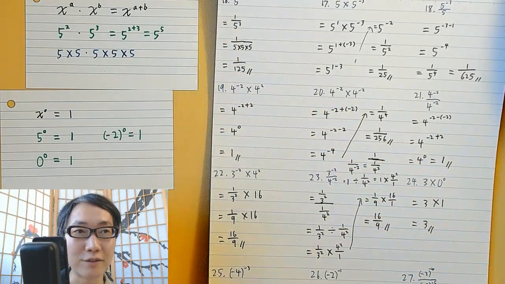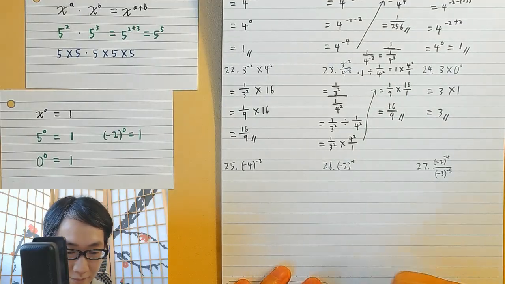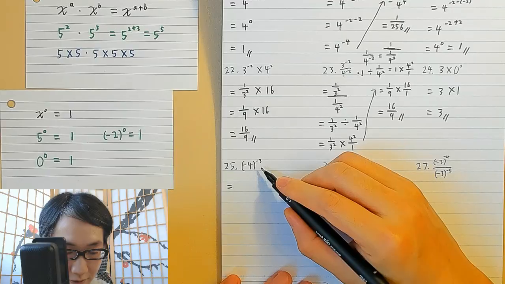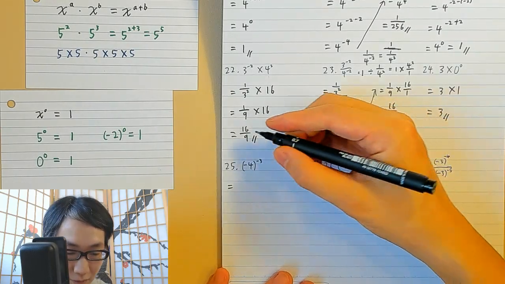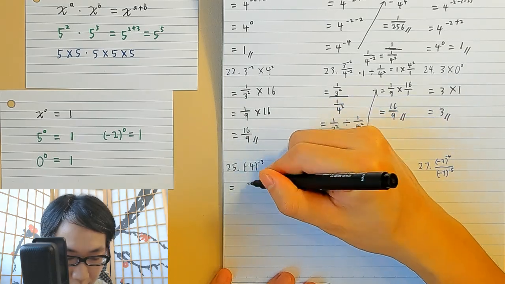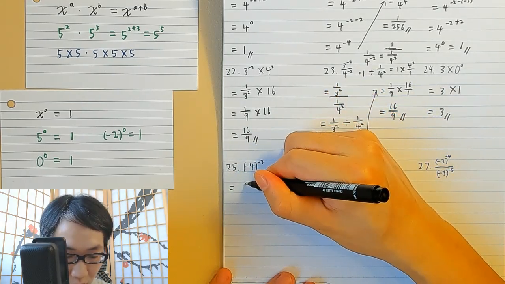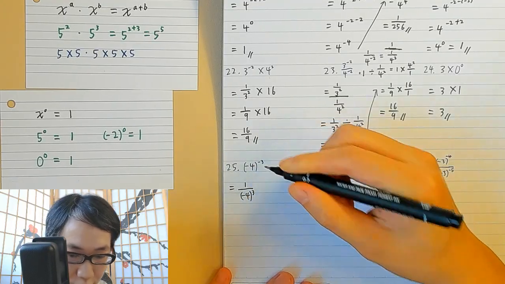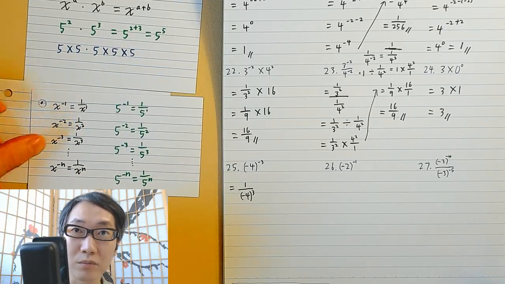And 25. Okay. So there's -4 to the power of -3. Then for this one, we solve the indices first. So 1 over -4 to the power of 3. Okay. Using this rule.